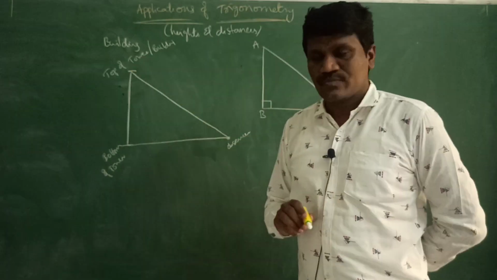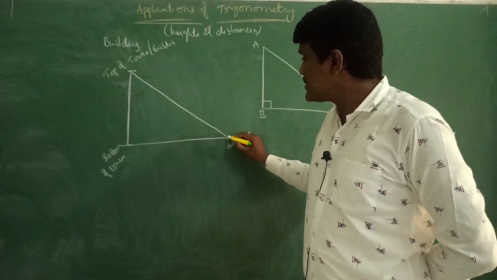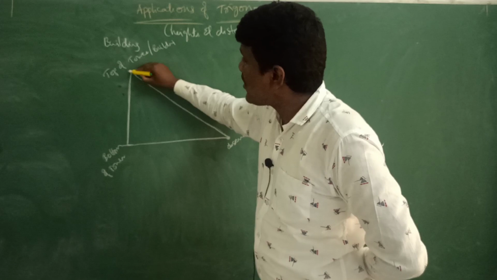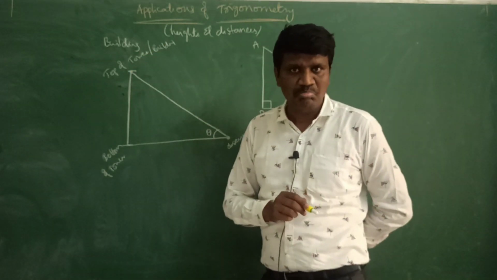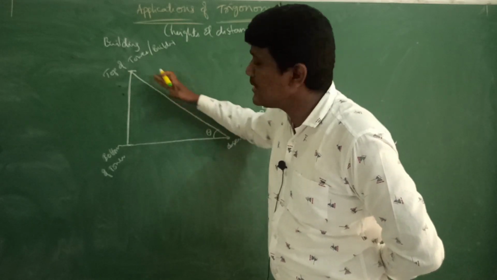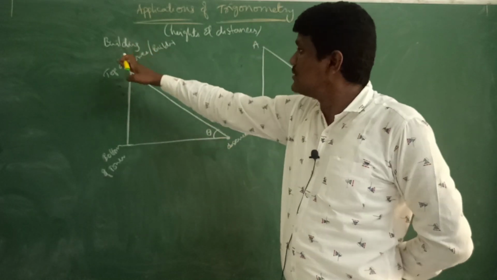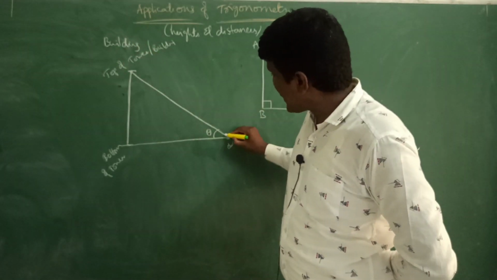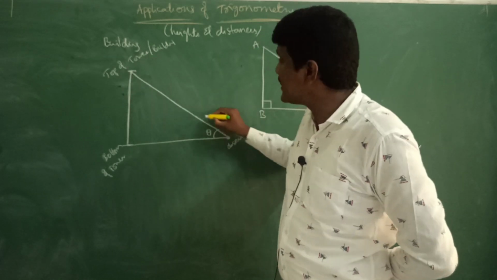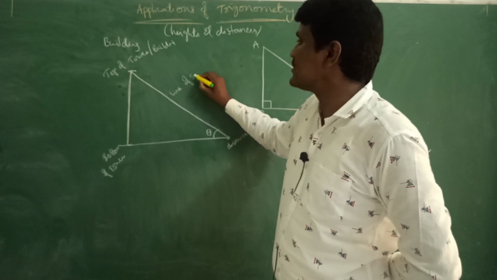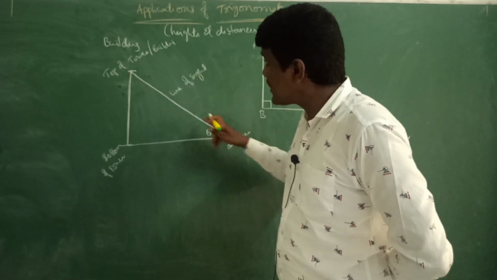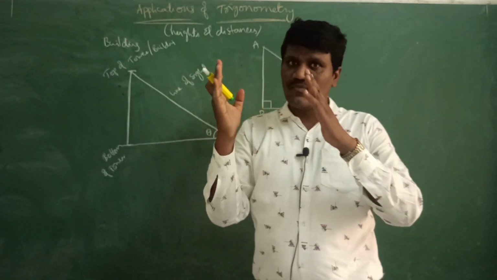So from here he is watching the top of the tower with an angle theta. This is the way he watches the top of the tower. So this imaginary line, we call it the line of sight.